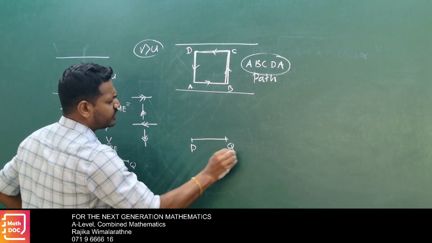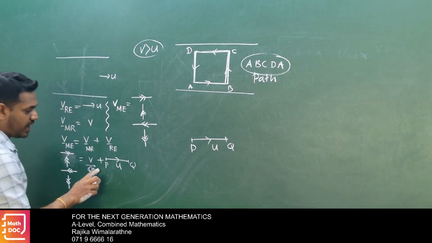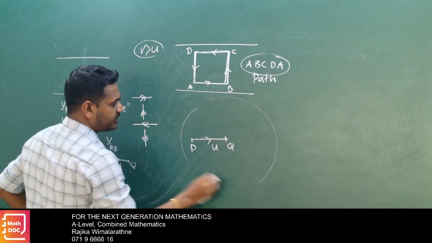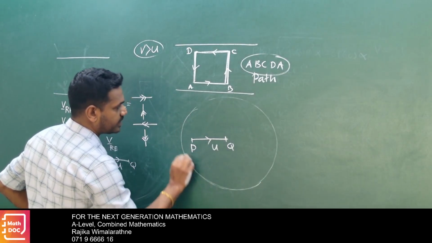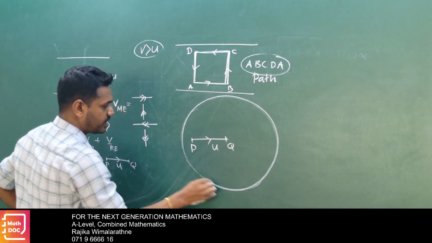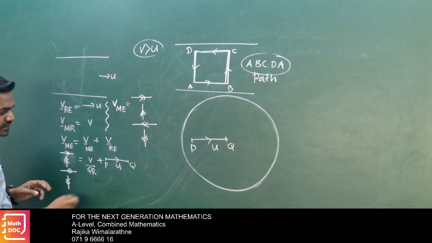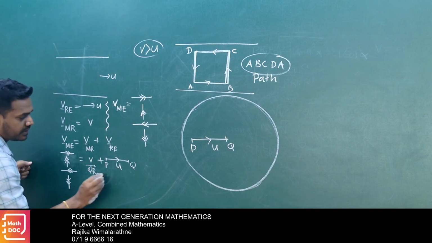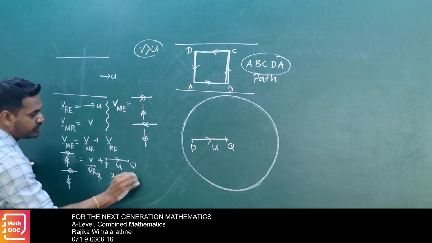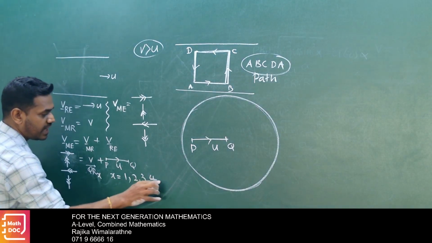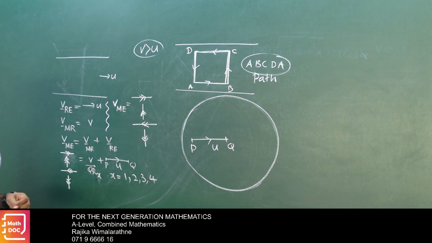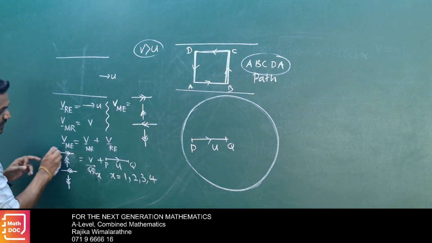You sketch it. Here PQ, U. Then QR, velocity of the man with respect to river. But here we have 4 cases now. Then you put X here, QRX, then X is 1, 2, 3, 4. We have 4 cases. Then each we can represent by one single expression. Now the resultant will be PR, no?